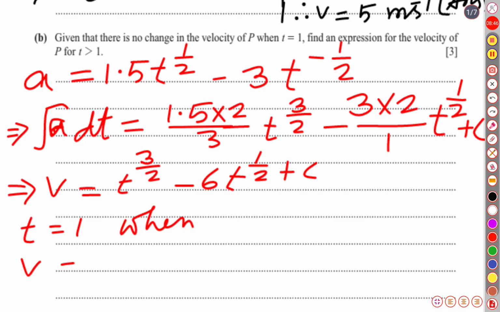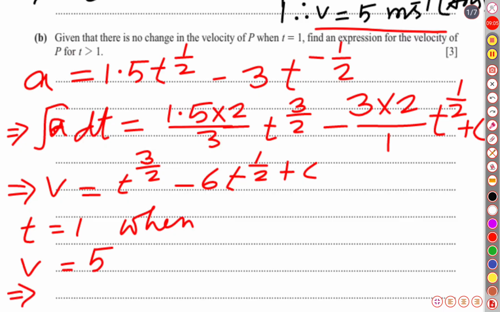v is equal to, let us see, for the second phase the velocity has started from 5. We have already obtained in solution number a that the velocity was 5 when time was 1 second. So it is 5. Let us substitute the values.